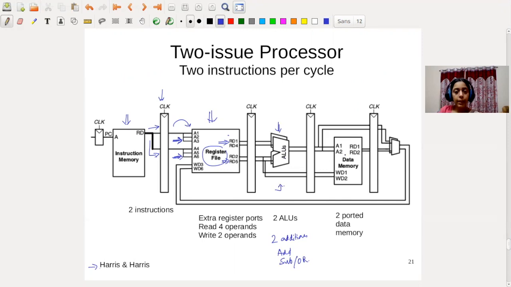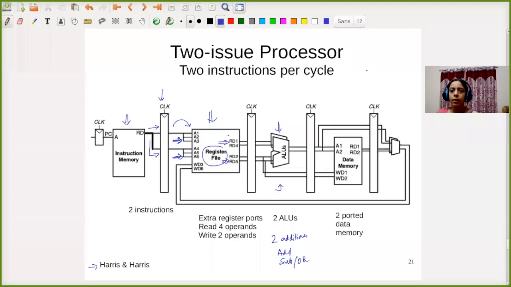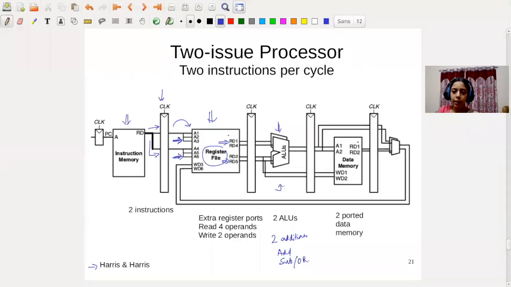Then the data memory is going to have extra ports here. So if you want to do two parallel loads, you can read two data at the same time. Or if you want to do two stores at the same time, you need to have two write ports here. This kind of memory is called a two-ported memory. So basically you have two ports instead of one, two read ports to be precise, and two write ports.